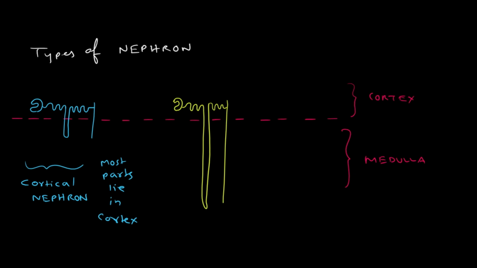Such nephrons are referred to as medullary nephron or juxtamedullary nephron. You can call them medullary nephron or juxtamedullary nephron. Why? Because most of the portion is in the medulla.